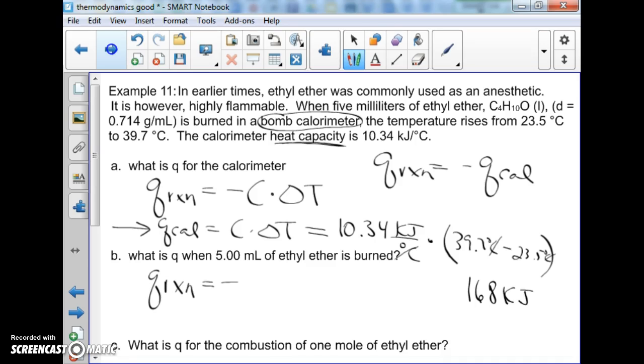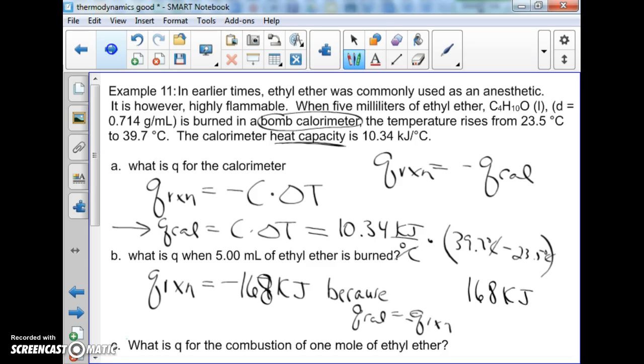So it's going to be negative 167 kilojoules. And that's because Q calorimeter is opposite sign to Q reaction. So that's what you say there, just to make it clear to the grader, which will be me, that you understand why I'm just changing the sign.